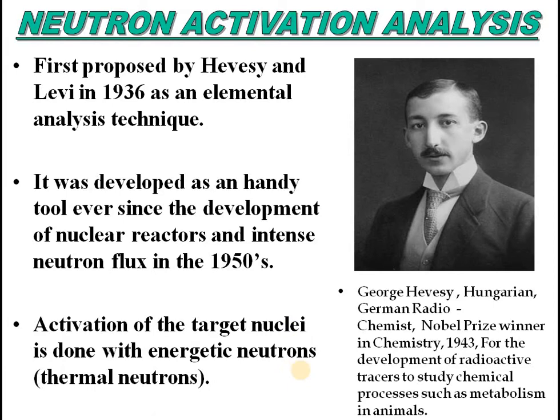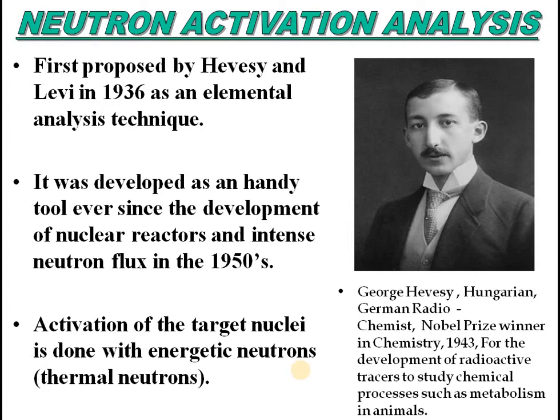And as I told you, we use a specific type of neutrons called thermal neutrons. Thermal neutrons are of a certain range of energy. Very soon we will classify the neutrons, and we will see what kind of neutrons are actually thermal neutrons. For now, just understand that we make use of thermal neutrons.